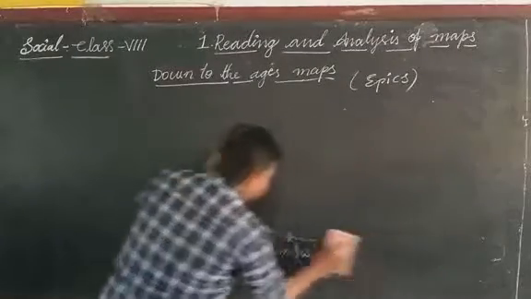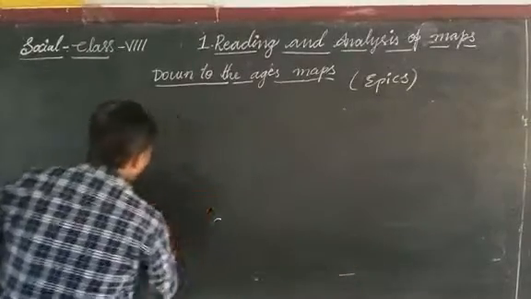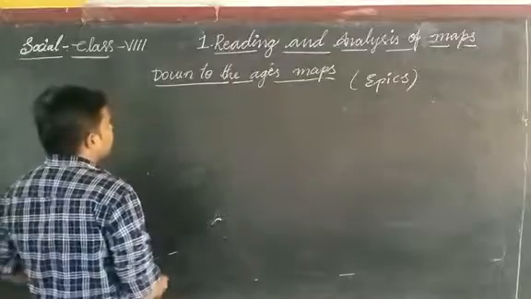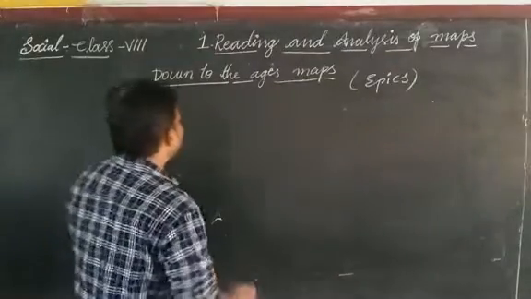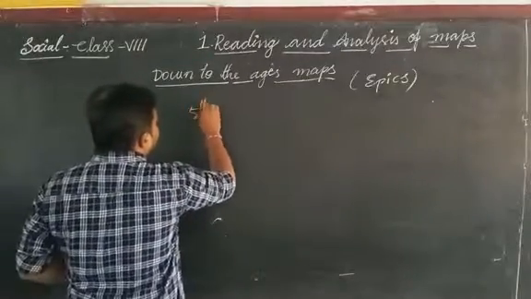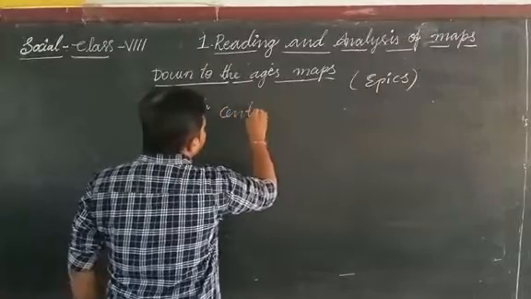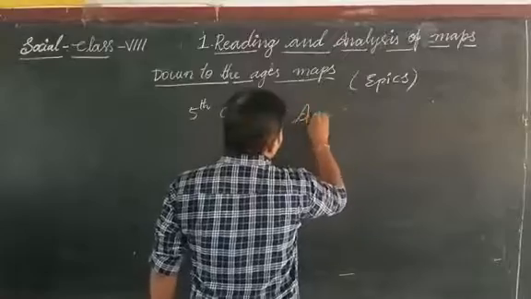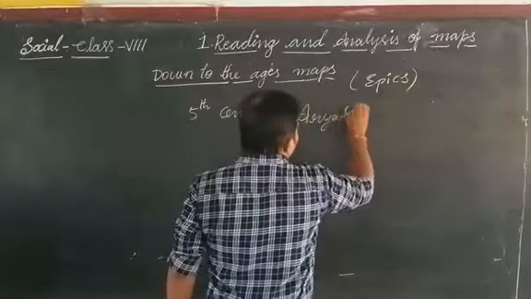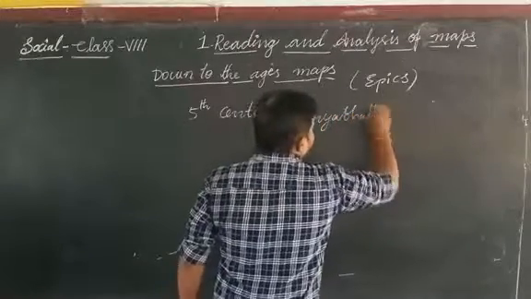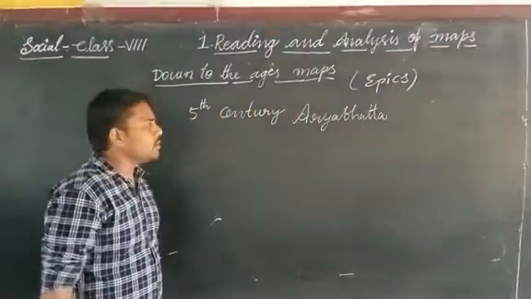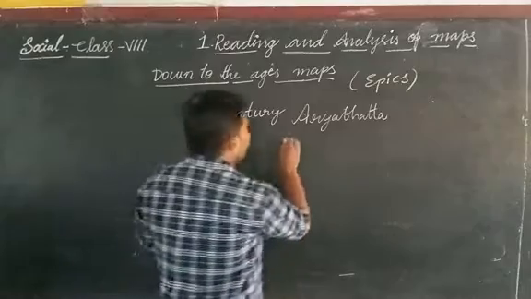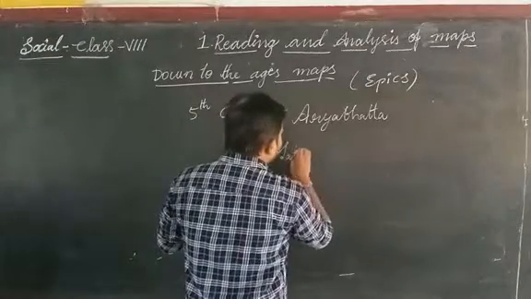According to Vedas, the map of the world is like this. Suppose if you see the 5th century, the famous person Aryabhatta drew the map of the world with the help of latitudes and longitudes technology.